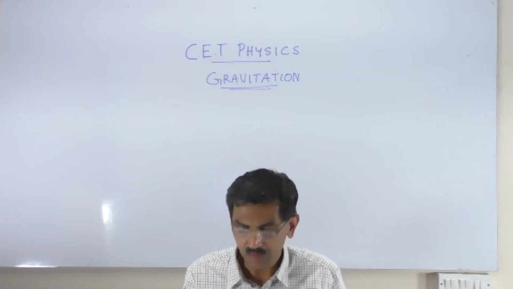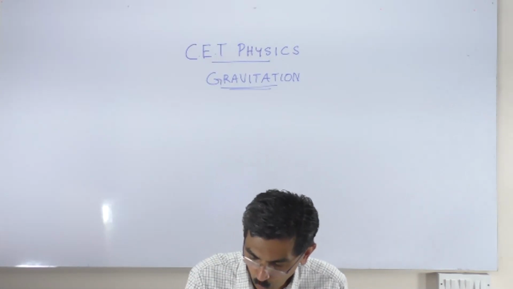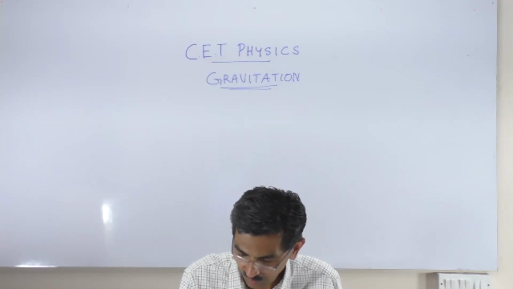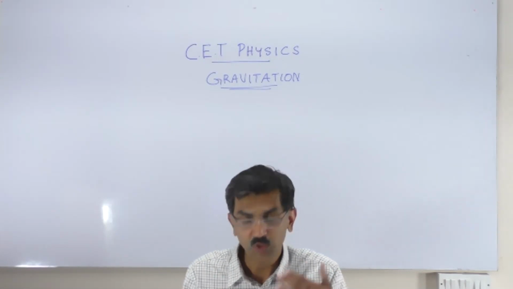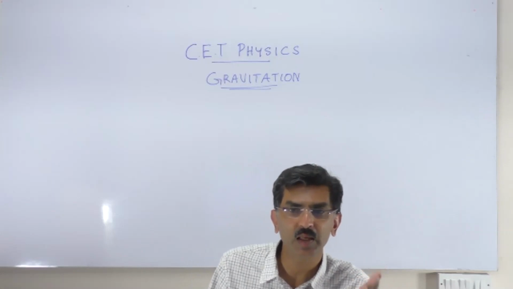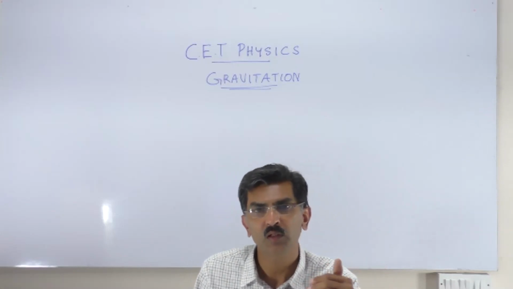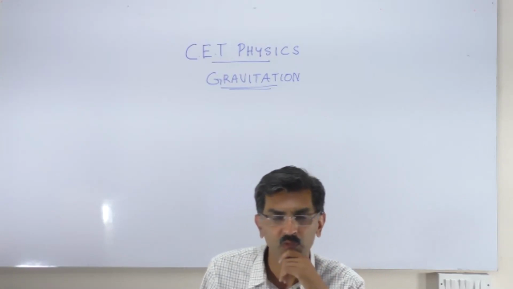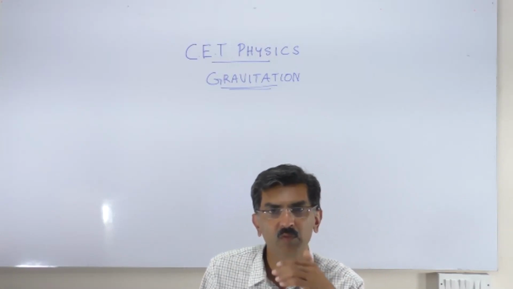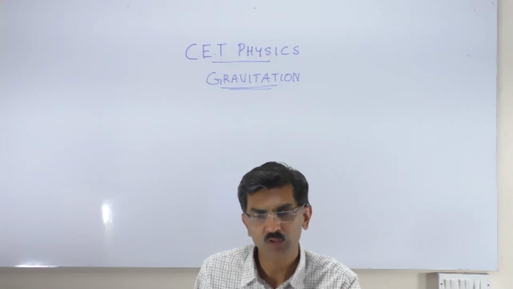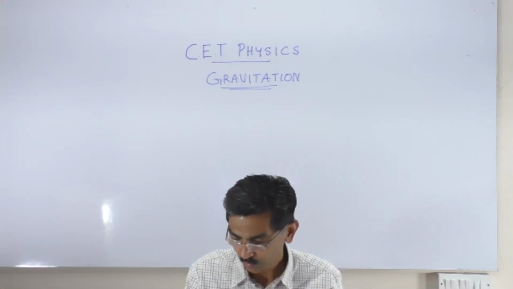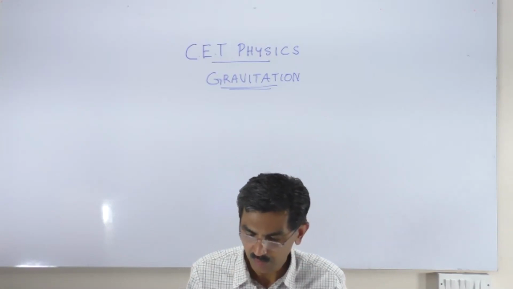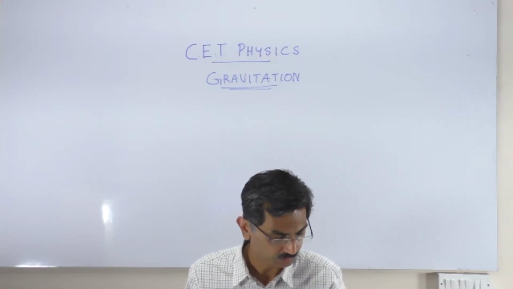We basically calculated the total energy as the sum of kinetic energy and potential energy. The potential energy is minus GMm by r, which we wrote in terms of mv square. And when you add the two components up, the potential energy and the kinetic energy, the sum is minus half mv square. And the second option is the answer.